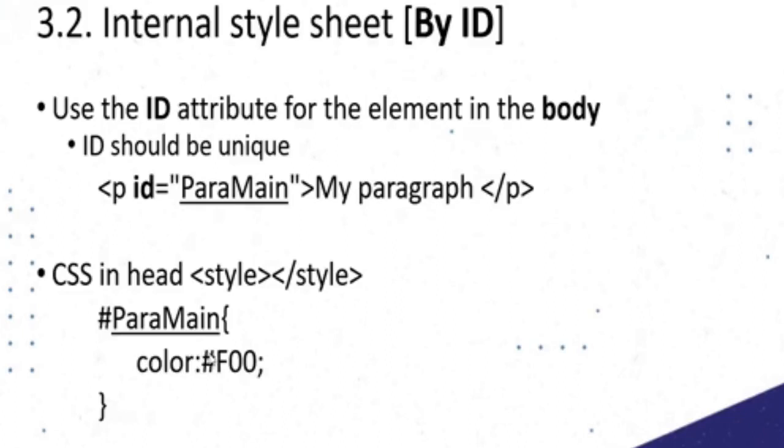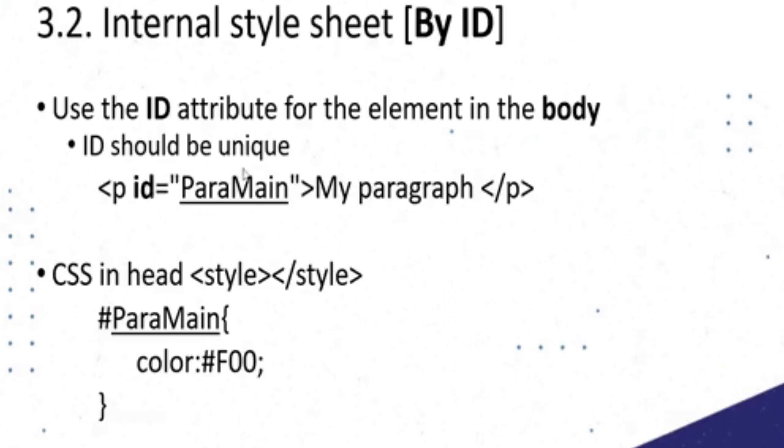Like we learned earlier, we can write inline styles. But like I said, we are not recommending inline style. Instead, we can give a unique ID to that particular para. So here, P ID equals para main.